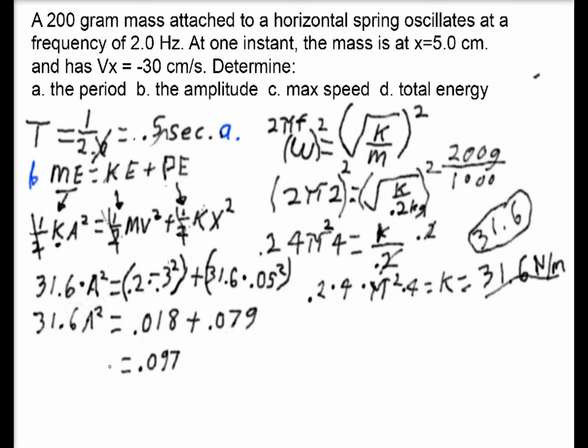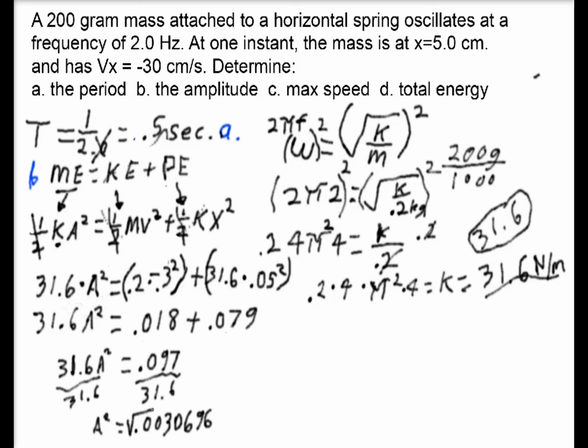This equals 31.6 times a squared. Let's divide out the 31.6, and we get a very small number: a squared equals 0.0030696.